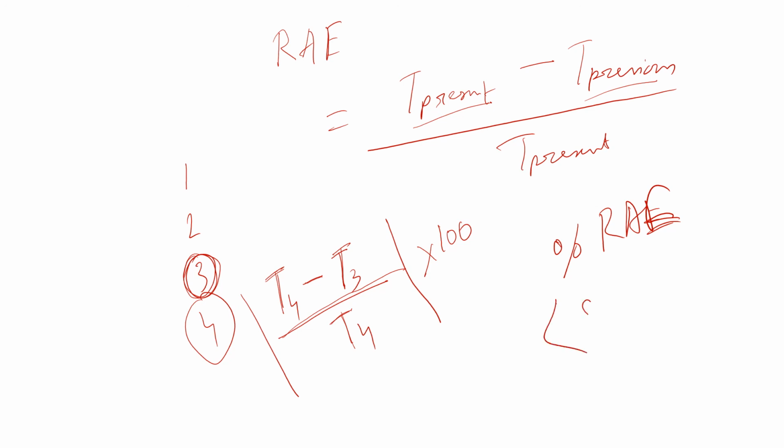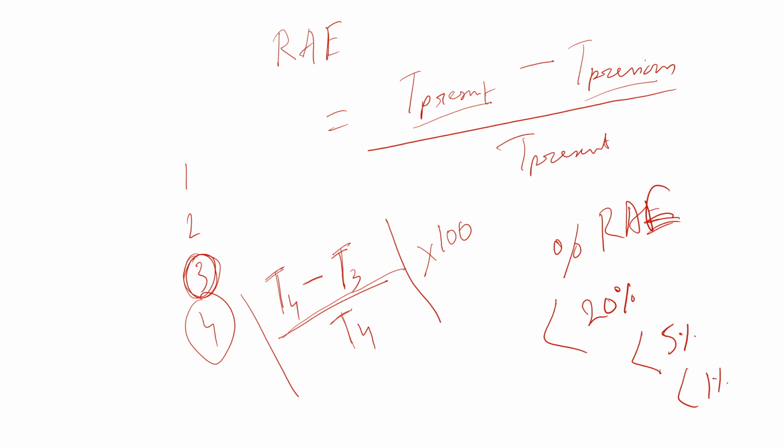And when this error is less than 20%, you stop the iteration. Or if you want, you can go for a more accurate difference. So let us say less than 5% or even less than 1%.